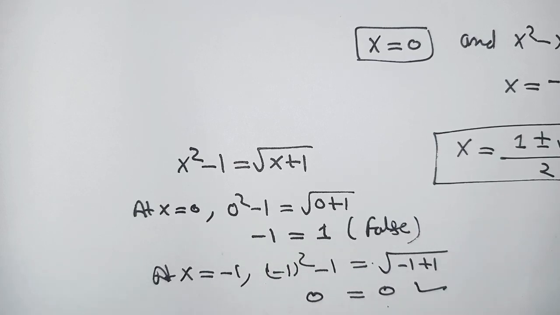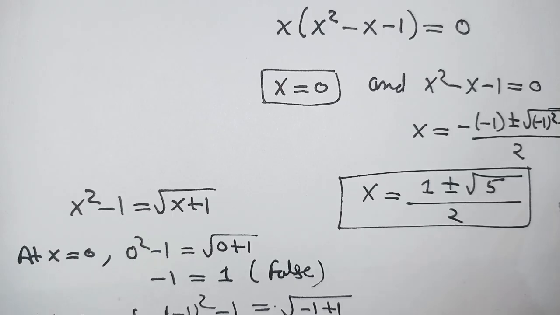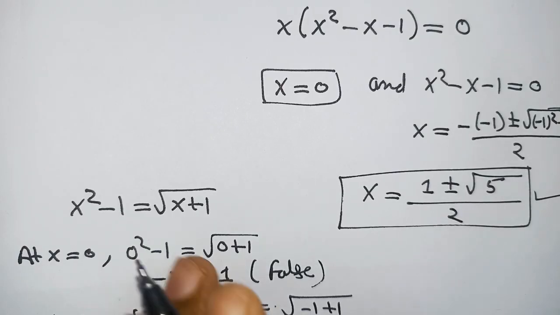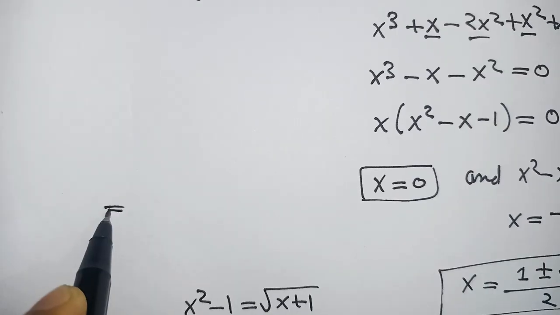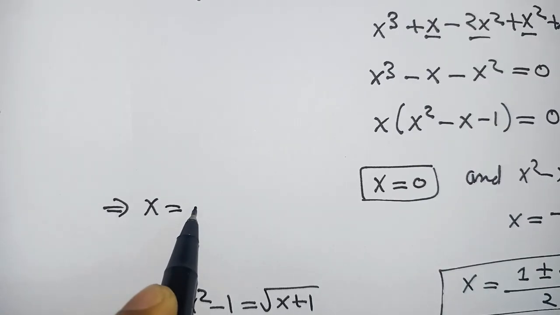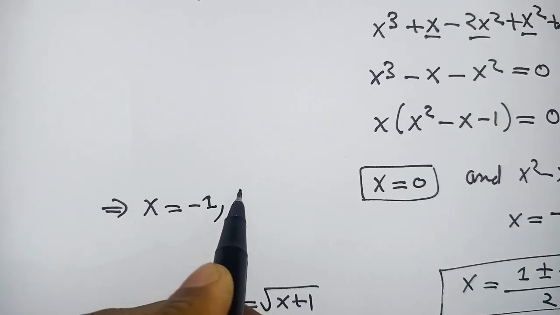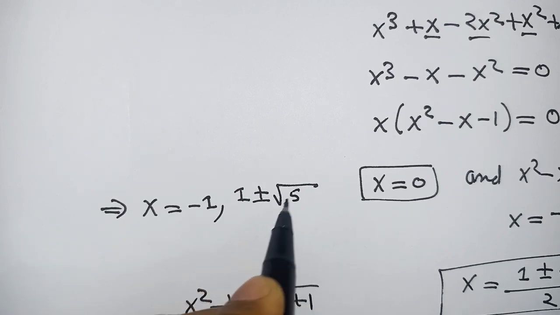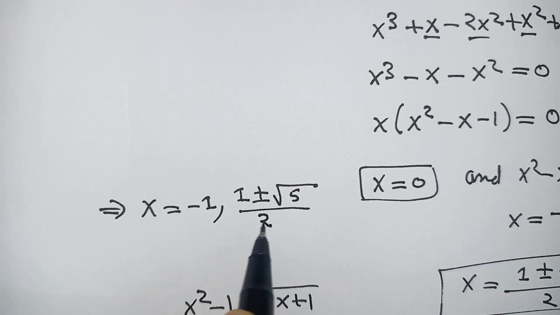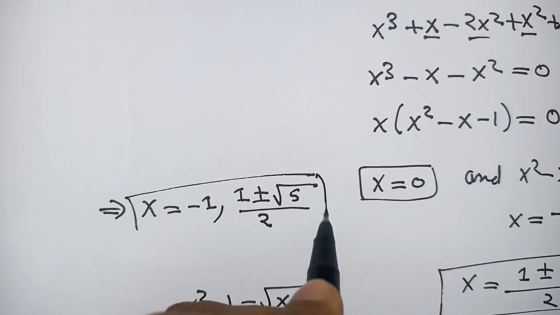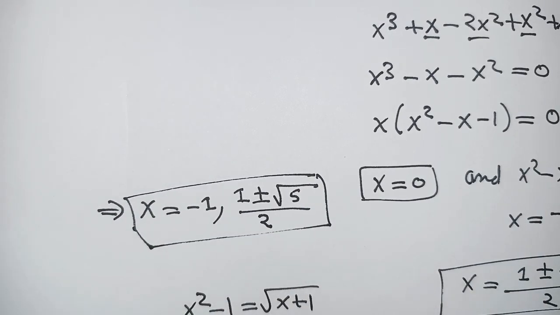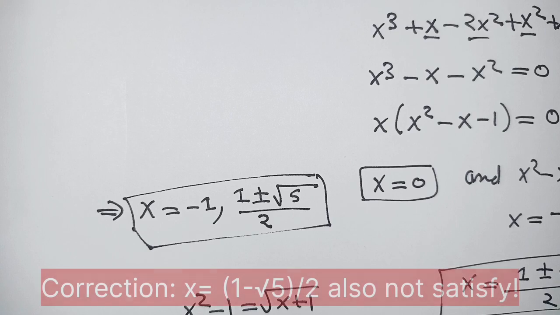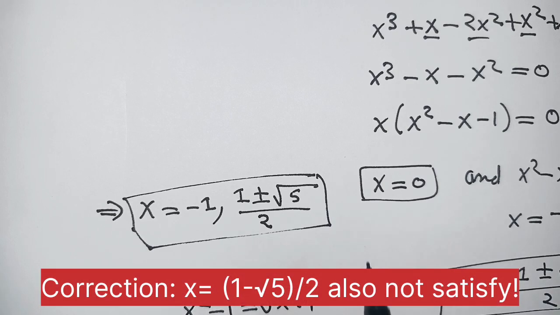So it satisfies the solution, so minus 1 is an answer. This is the solution, and this implies x is equal to minus 1 and 1 plus or minus square root of 5 divided by 2. So these are all the possible solutions of this equation.